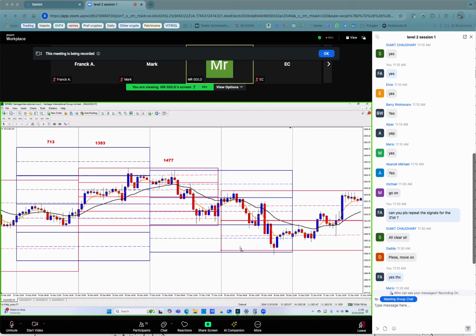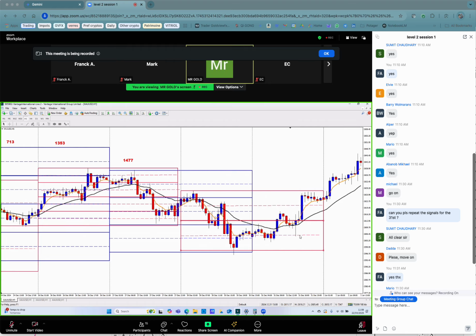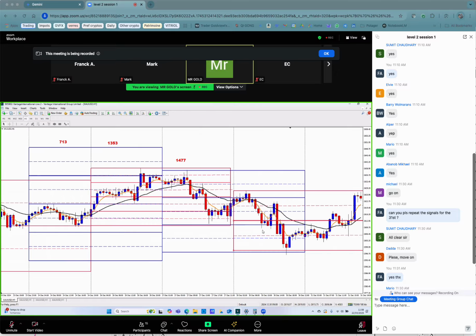Wick rejection is when we have no body close, but just wick. So when there's no body close on a line and we just see a wick close, that's what we call a wick rejection. Because a body close, what does it do?